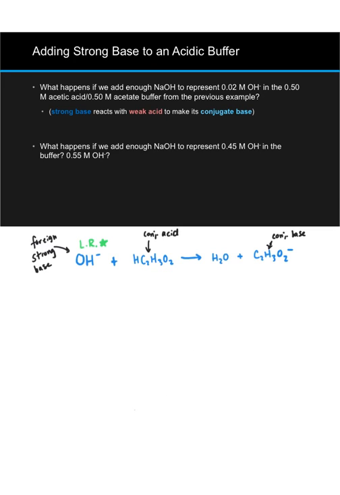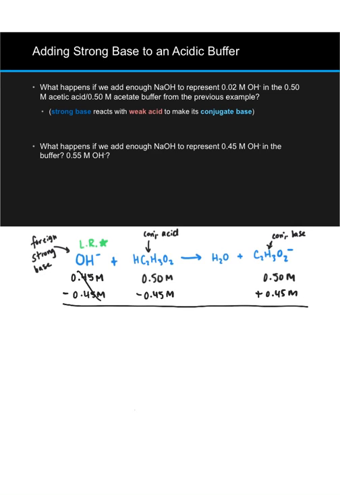To calculate the pH of our buffer after we've added 0.45 molar sodium hydroxide to it, we can take the same approach as before, knowing that we started with 0.5 molar acetic acid and 0.5 molar acetate in solution, and we're adding an outside source of hydroxide ion to it, in a concentration now of 0.45 molar. Again, hydroxide ion represents the limiting reactant, so it will be completely consumed, and a stoichiometrically equivalent amount of acetic acid will be used up, and acetate will be produced.